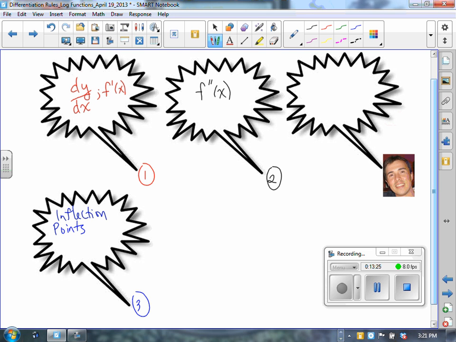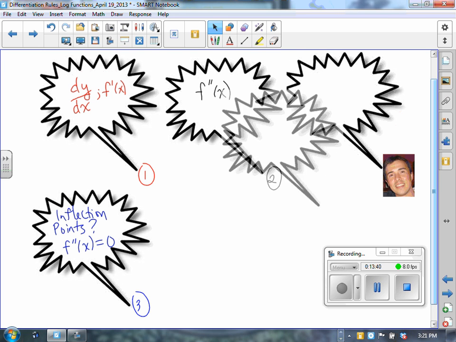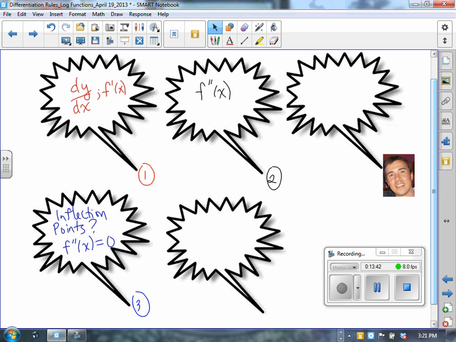Remember that this is where you have a solution to the equation f double prime at x is equal to 0. Once you have those solutions, you got into the habit of testing particular intervals and drawing a conclusion based on the results of your interval table. So, interval table is what's next.